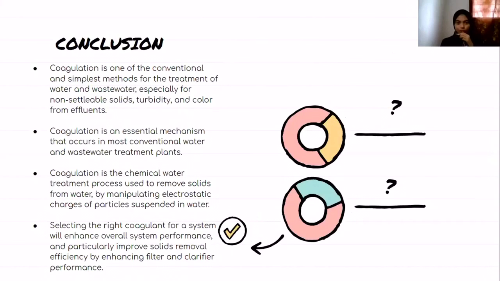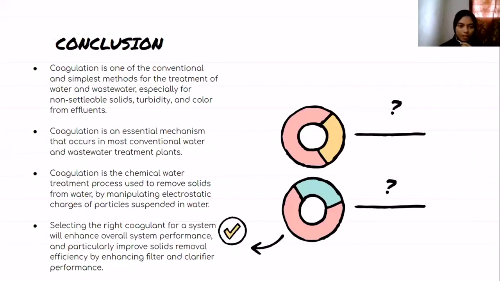Okay, as a conclusion from this presentation, coagulation is one of the conventional and simplest methods for the treatment of water and wastewater, especially for non-settleable solids, turbidity and color from effluents. Coagulation is also an essential mechanism that occurs in most conventional water and wastewater treatment plants.